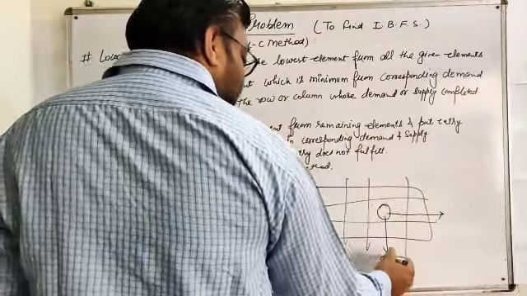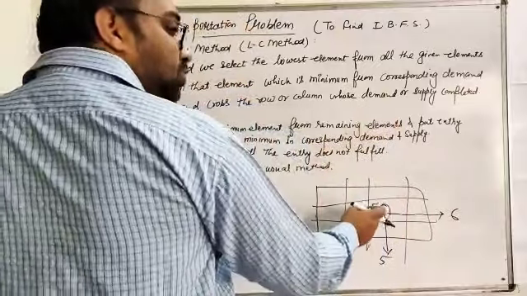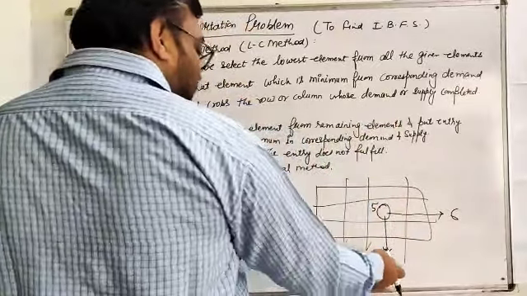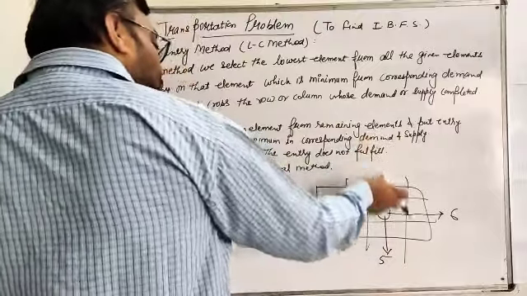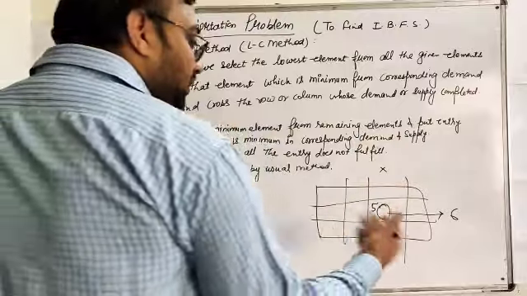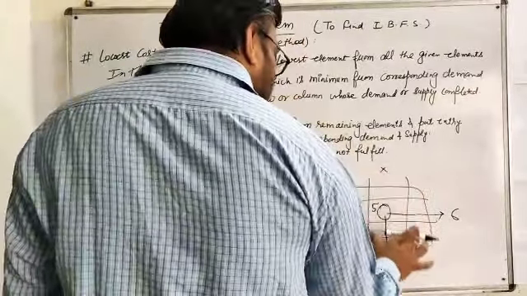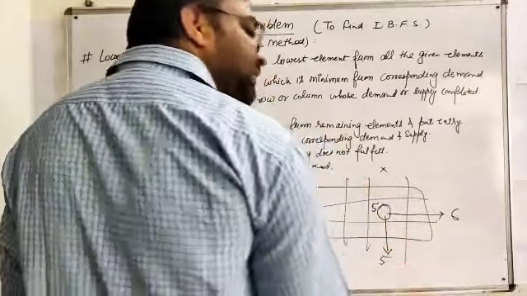If suppose there is 5 and there is 6 and the 5 is completed, we put this 5, that is, the total demand of this particular column is completed, so we have to cross it. We will not consider any element of this column for the next iteration.